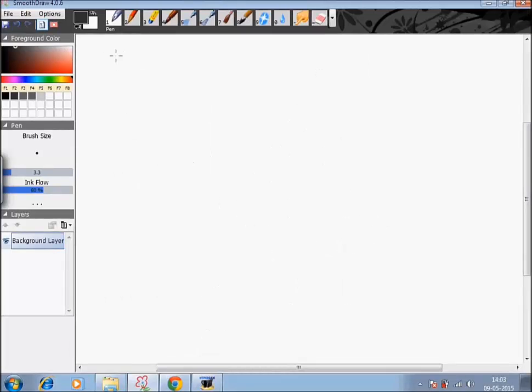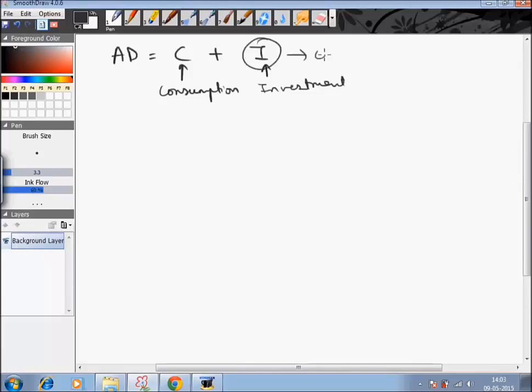As I told you, aggregate demand is equal to C plus I. Now C here stands for aggregate demand for consumer goods, that is consumption, and I is aggregate demand for capital goods, that is investment. Now according to Keynes, it is assumed that I is constant, that is it will not change.